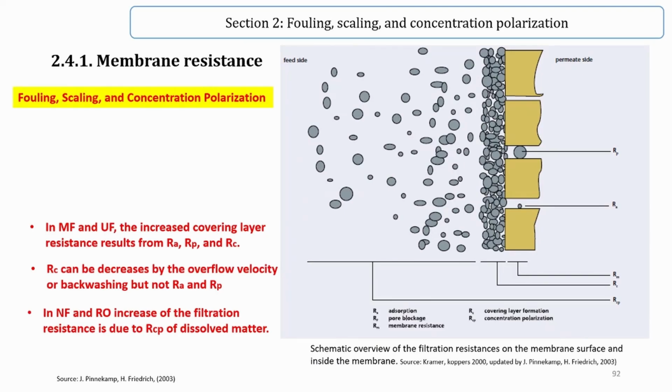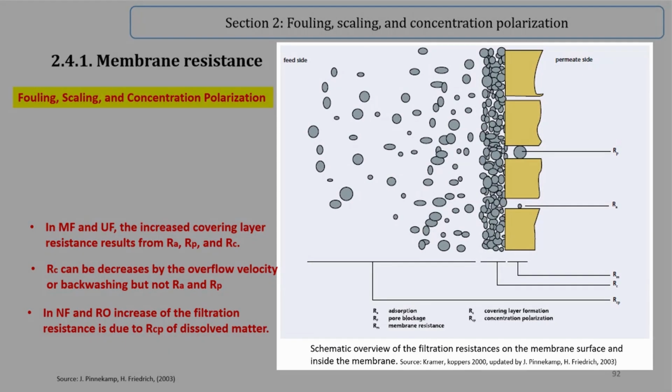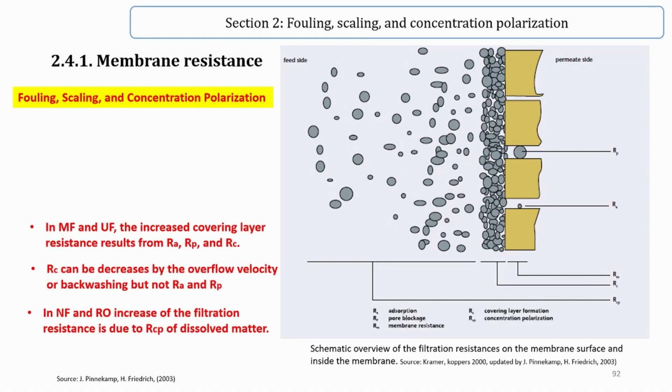Membrane resistance. A schematic overview of the filtration resistances on the membrane surface and inside the membrane is presented. The parameters are RA, adsorption resistance, RP, pore blockage resistance, RM, membrane resistance, RC, covering layer resistance, and RCP, concentration polarization resistance.